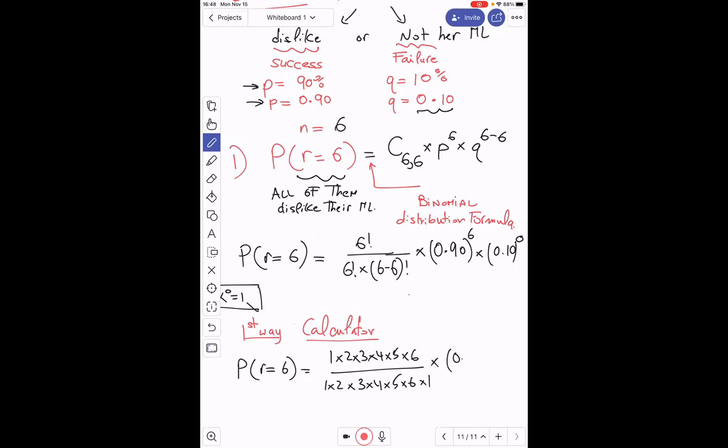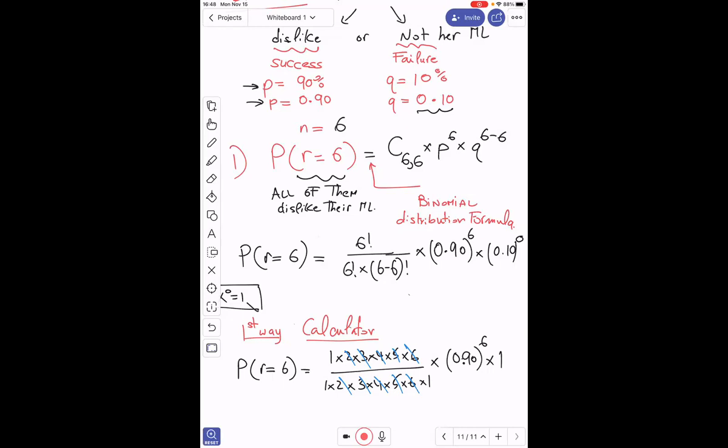Times 0.90 to the power 6. And then, as I said, any non-zero number to the power 0 is 1. So this is times 1. Anyway, so you can see here, you can just cancel out this 6 over 6, 5 over 5, 4 over 4. This is just like 1 over 1, which is equal to 1, right?